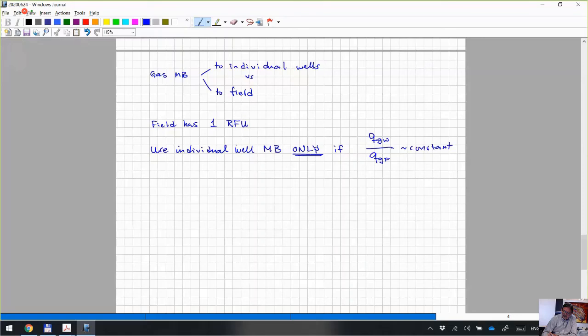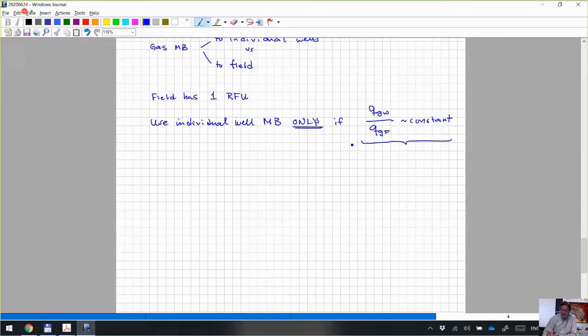Because if you look at the early literature, I think the book by Matthews and Russell, the first monograph, I think, on well testing, maybe the very first monograph, you can show that for pseudo-steady state, or what they now call boundary dominated flow, if this applies, then that infers that the hydrocarbon pore volume of that well over the hydrocarbon pore volume of the entire field, reservoir flow unit, I would say, remains constant.